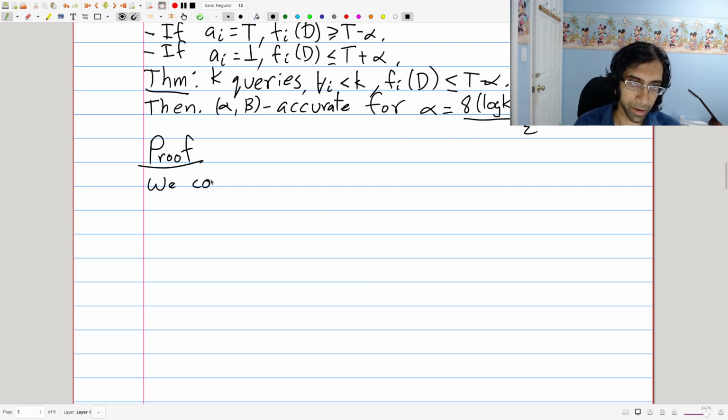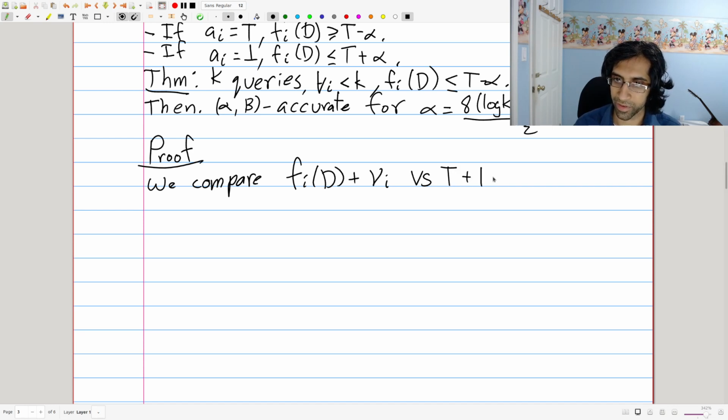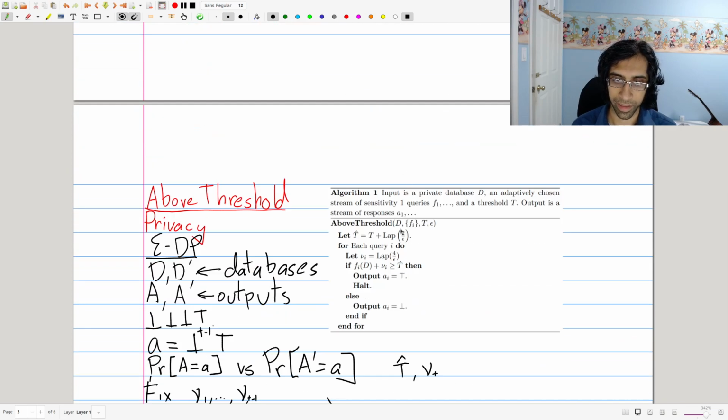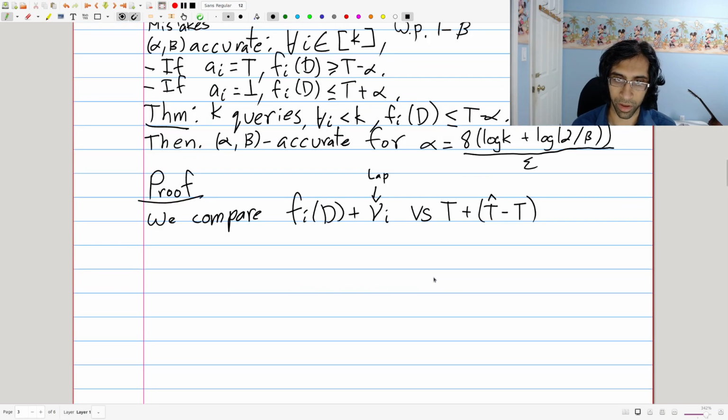We compare f_i on D plus some nu_i versus T, the true threshold, plus the random variable T hat minus T. It's a weird way of writing it, but it's based on the notation we set up. One is Laplace 4 over epsilon, the other is Laplace 2 over epsilon, and this overall thing is going to be Laplace 2 over epsilon.